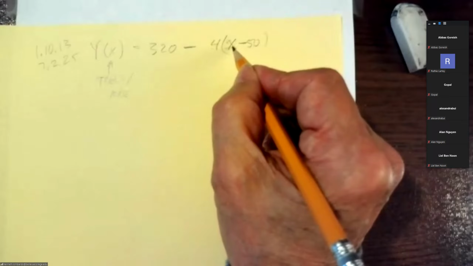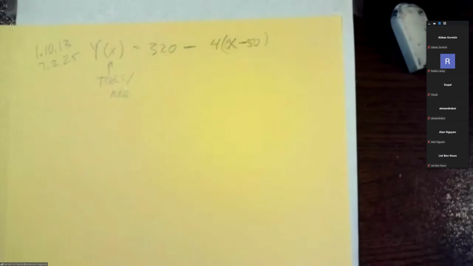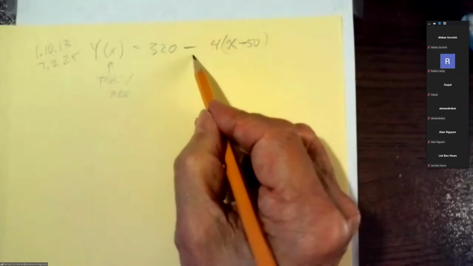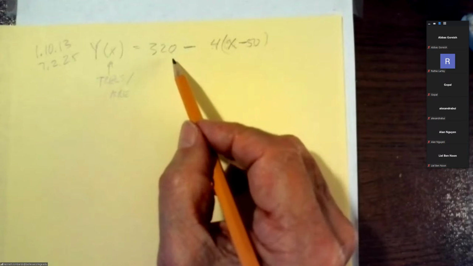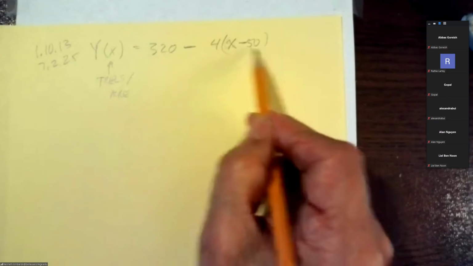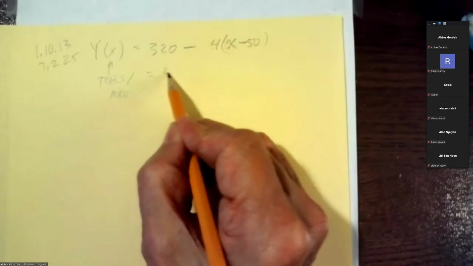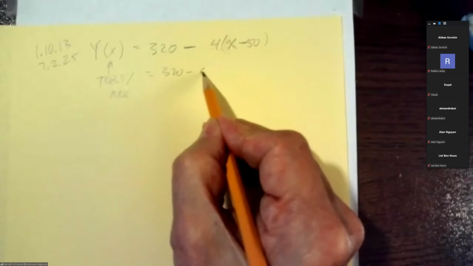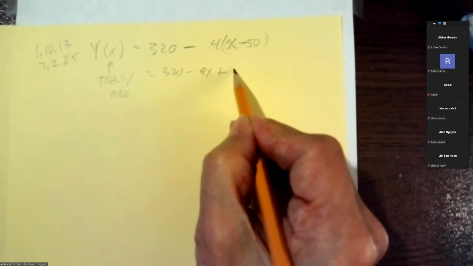If this value is less than 50, then I don't even need this. So if it's greater than 50, I'll put in a 4. So the yield is going to be 320 minus 4 times whatever that X value is, minus 50. Then I simplify. That's 320 minus 4X plus the 200.